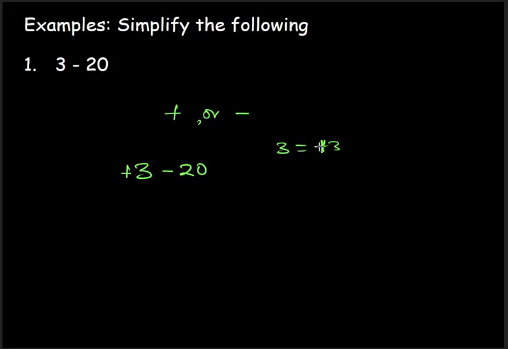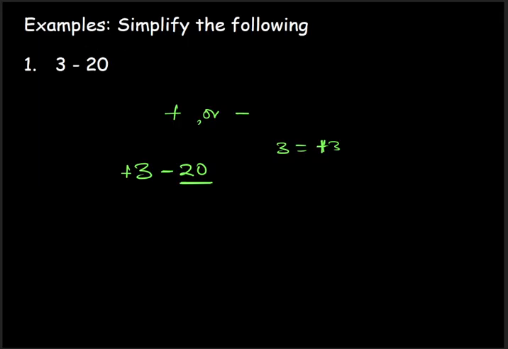So when you don't see a sign before the number, know that the sign there is plus. Okay, and then what is the sign of 20? Minus. The sign before a number is the sign of that number.